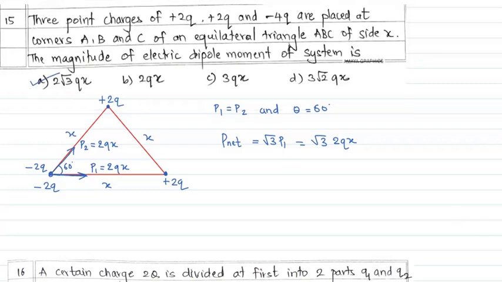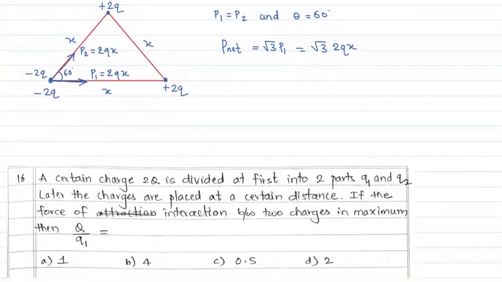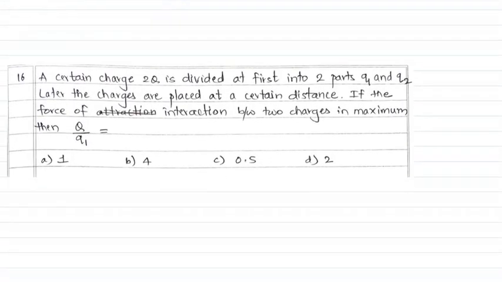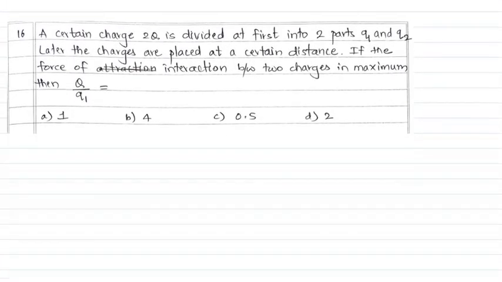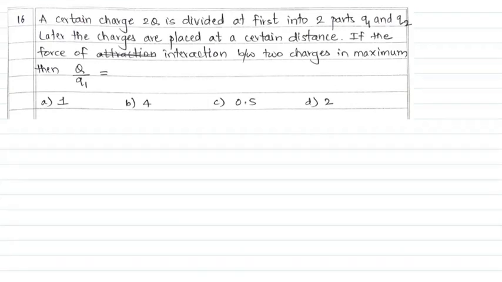Next one, 16th. A certain charge 2q is divided first into two parts q1 and q2. Later the charges are placed at a certain distance. If the force of interaction between two charges is maximum, so for force to be maximum, both charges in which you have divided should be equal.